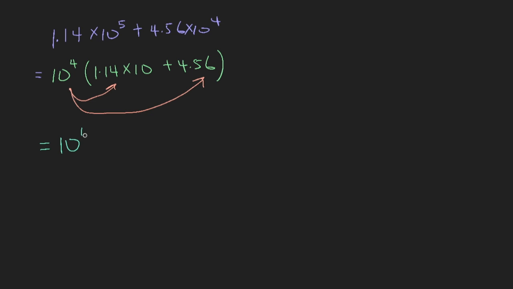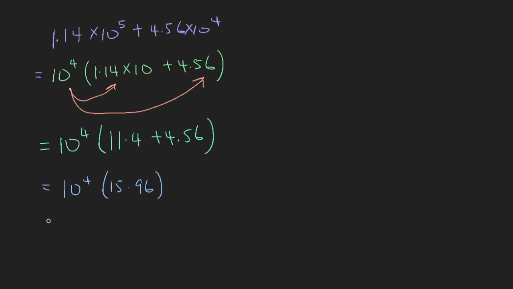So I can work out the things in the bracket. 1.14 times 10 is 11.4 plus 4.56. And then you can press your calculator: 15.96. So you have 15.96 times 10 to the power of 4.